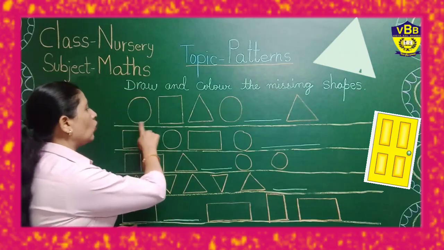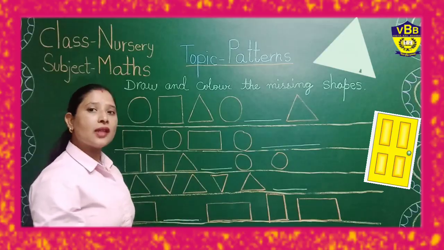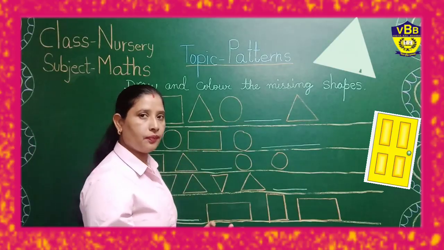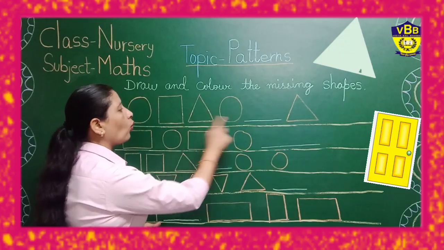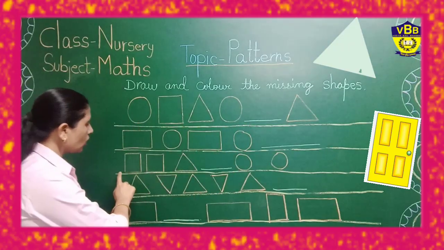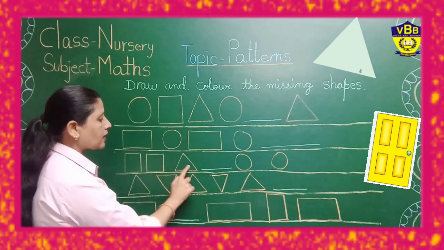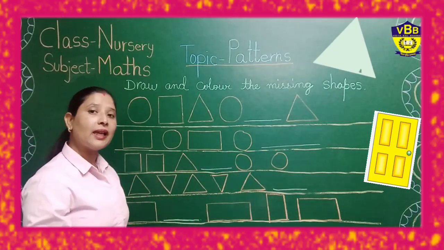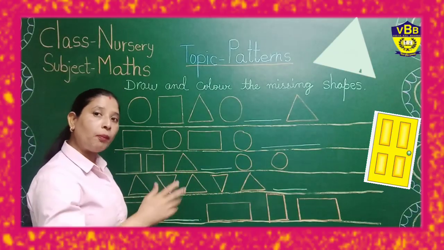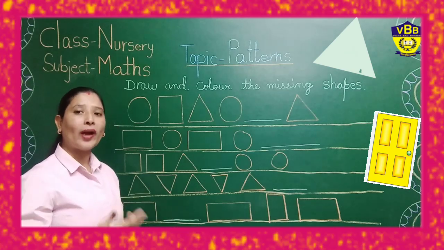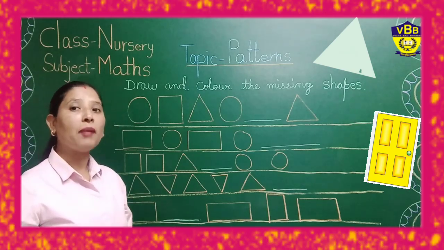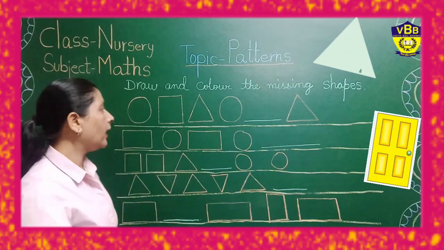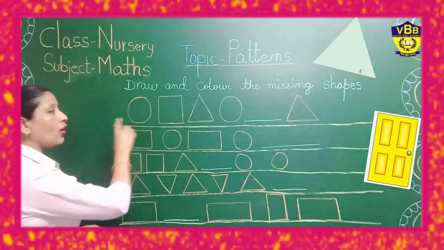You can see there are some shapes which are repeating themselves once. But in such, you can see there are some shapes which are repeating themselves twice. So repeating the shape once, twice, thrice, they make patterns. They make design. So let's start with the first part.